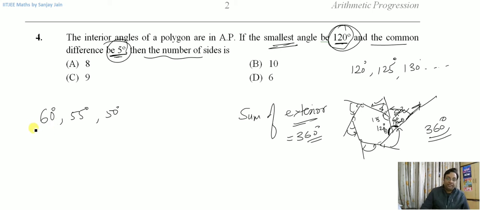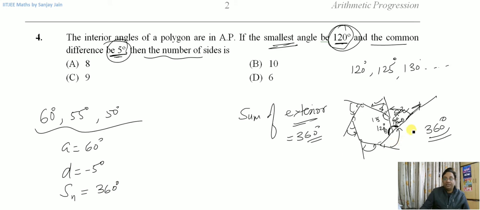So in terms of exterior angles, the first term is 60 degrees, the common difference is minus 5 degrees, and if there are n angles, the sum of these angles is going to be 360 degrees, because I know that the sum of exterior angles of a polygon is equal to 360 degrees.